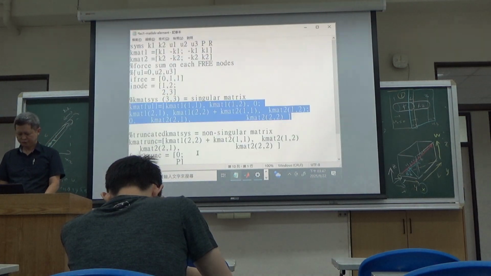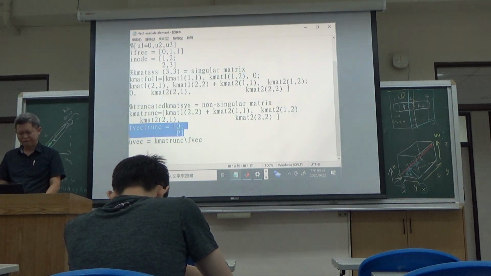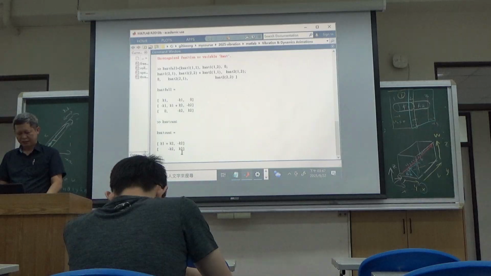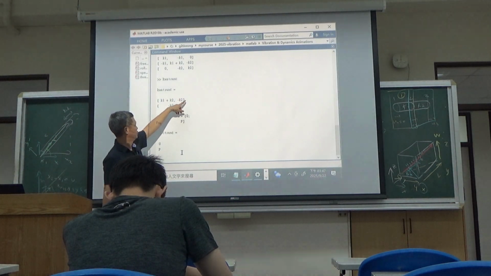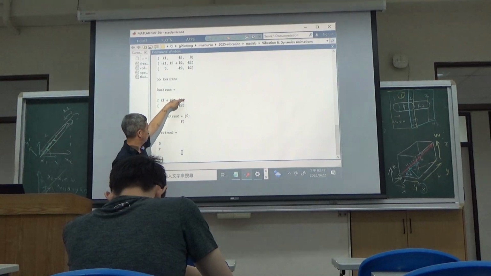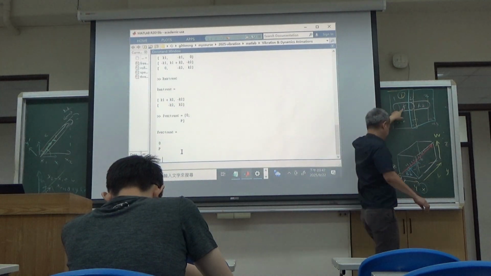And then finally, what do you have to do? Find the force acting on the free nodes. It is 2 and 3 which are free.